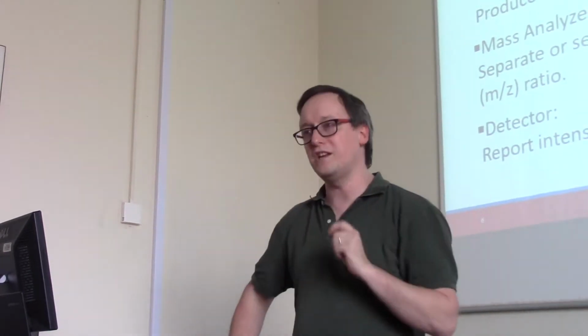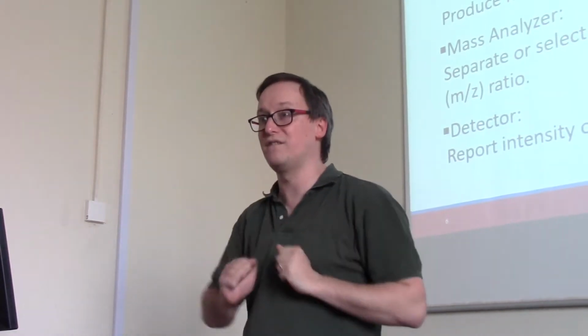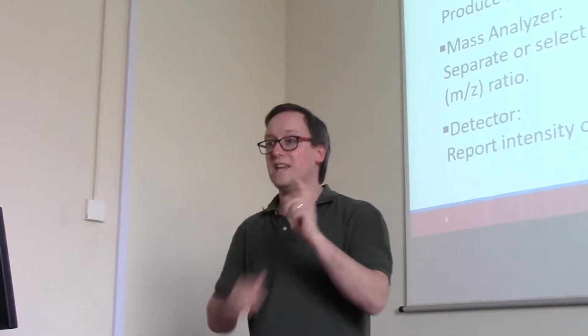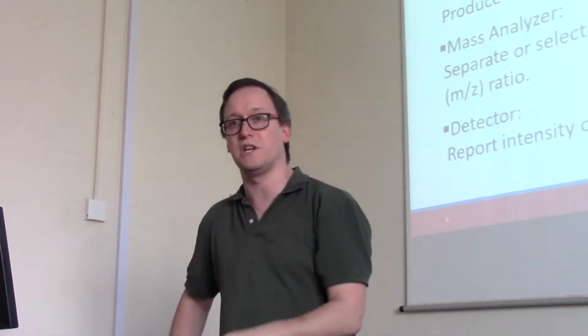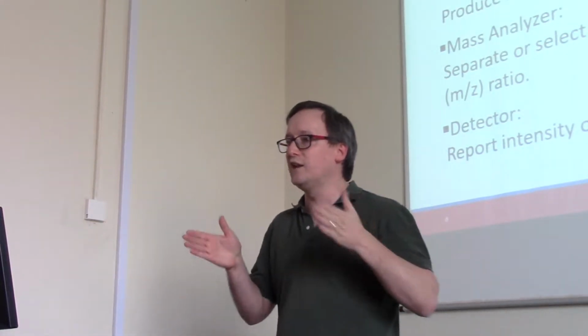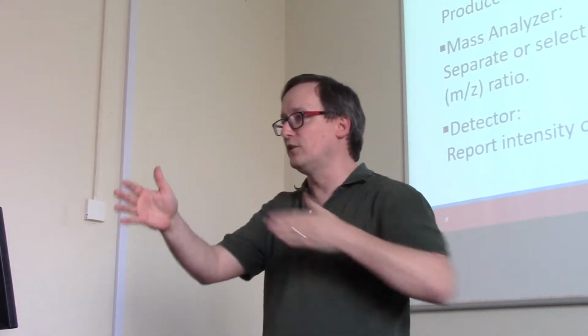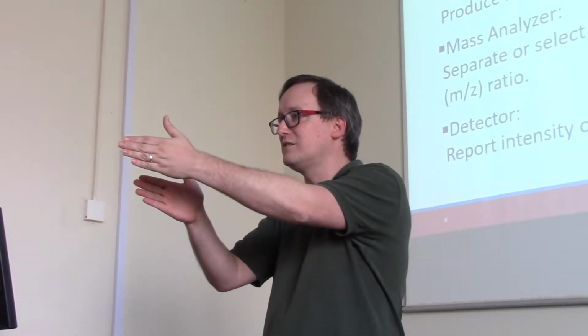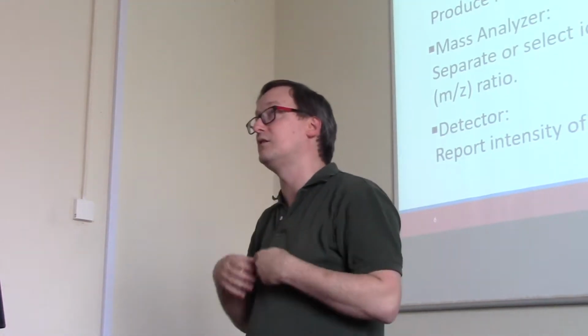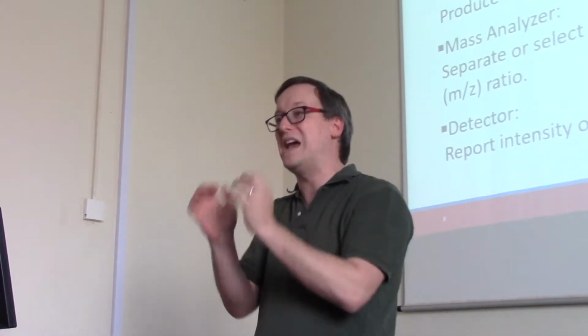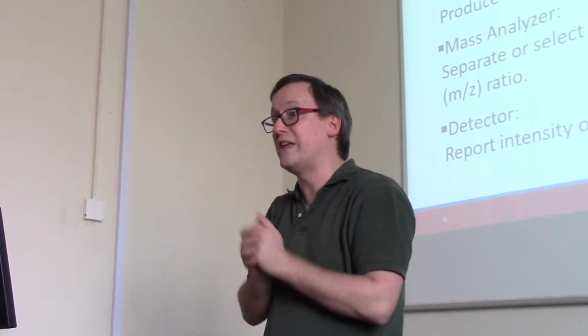But what I want you to pay attention to is the fact that we are redirecting ions by magnetic fields. In the same way that your old school TV directed that electron beam to particular locations, we can apply a magnetic field to a stream of ions, and they will change direction in relationship to how much mass to charge that ion has.